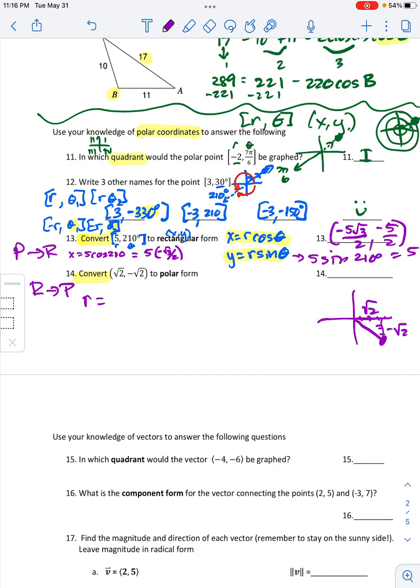So how do I find r? Well, I look back at my notes and I find it by doing this. So for me, that's going to be root 2 squared plus a negative root 2 squared.